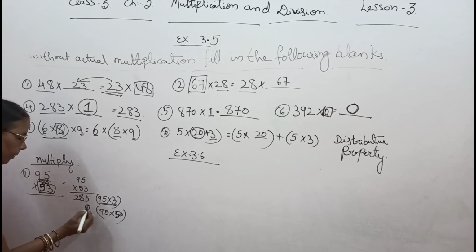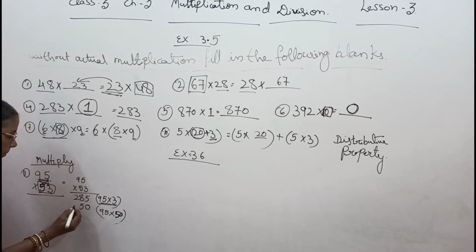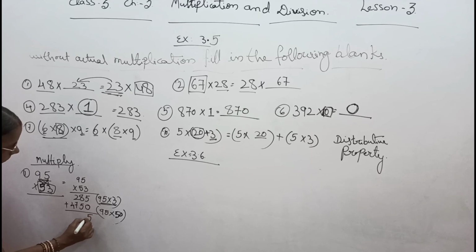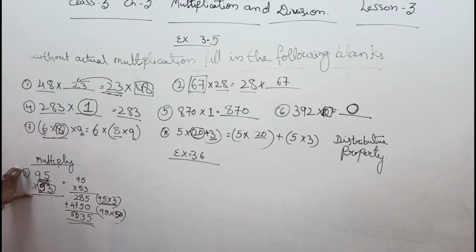Then 5 5s are 25, 2. 5 9s are 45 plus 2, 47. Now we have to add it, that is 5, 13, 10, 5. Like this we must multiply 2-digit numbers with 2-digit numbers.